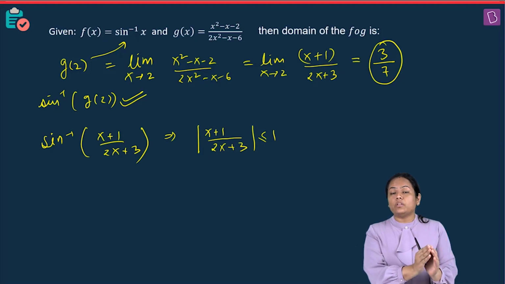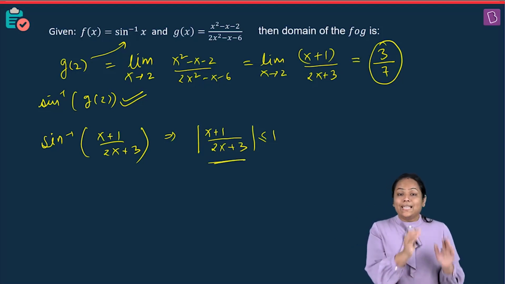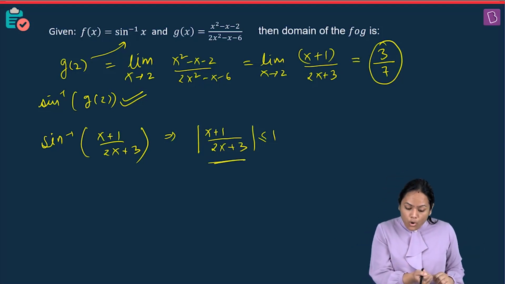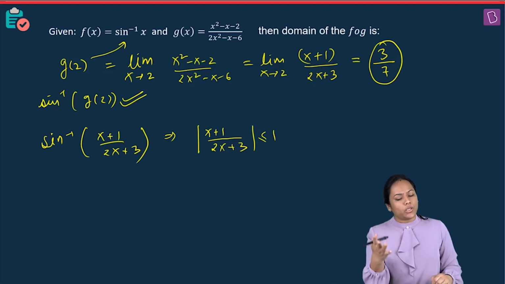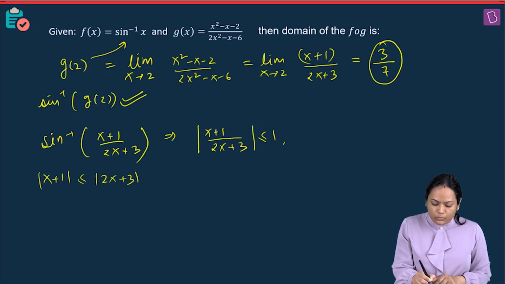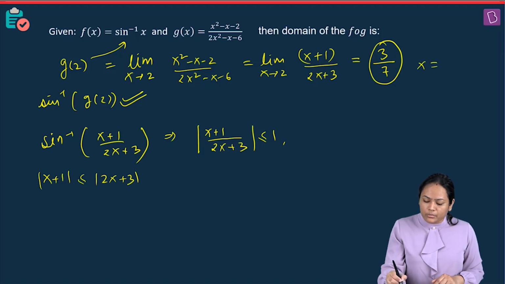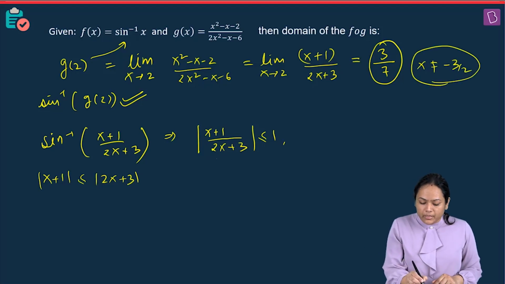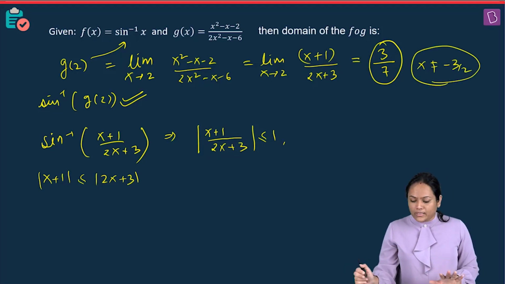You can put this quantity between −1 and 1, or in a shorter way, you can cross multiply. So it gives |x + 1| ≤ |2x + 3|. What you have to remember is that x cannot be equal to −3/2, which obviously makes my denominator not defined.